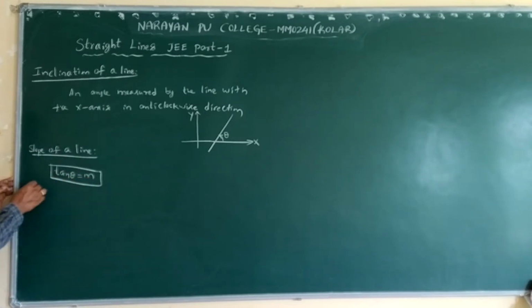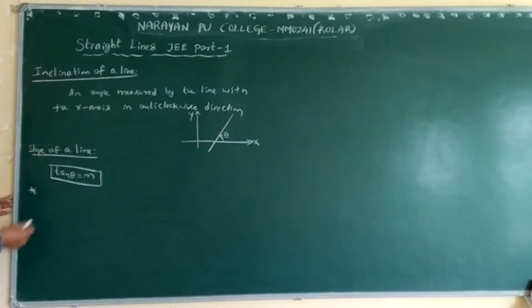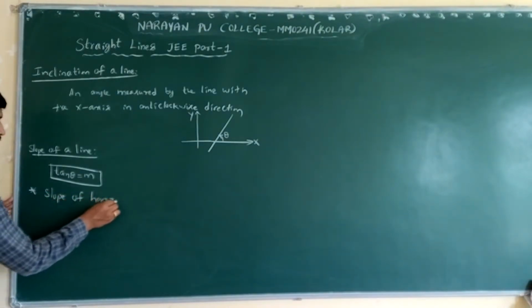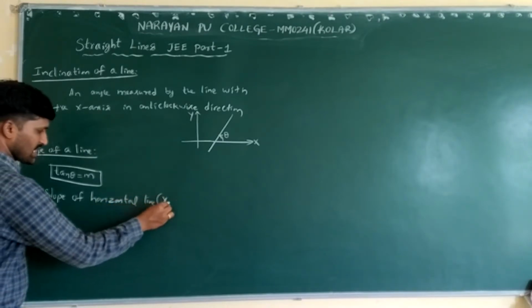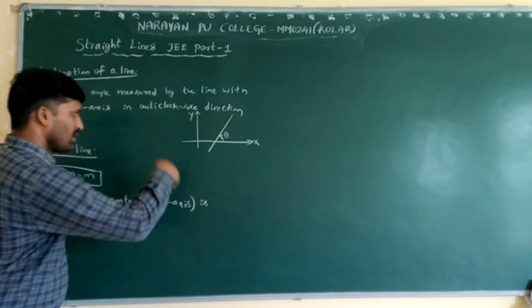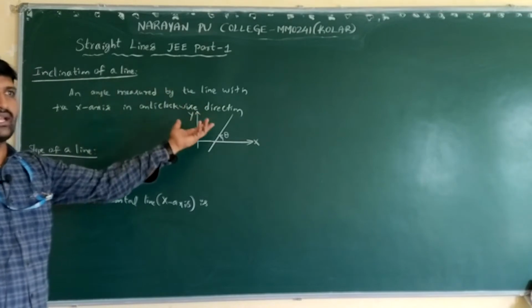This is denoted by the symbol M. Now, this is a clear non-vertical line. For example, if you want to find the slope of a horizontal line, a horizontal line is nothing but the x-axis. What is the slope of the x-axis? The line makes an angle with the x-axis, and then tan theta is called the slope.